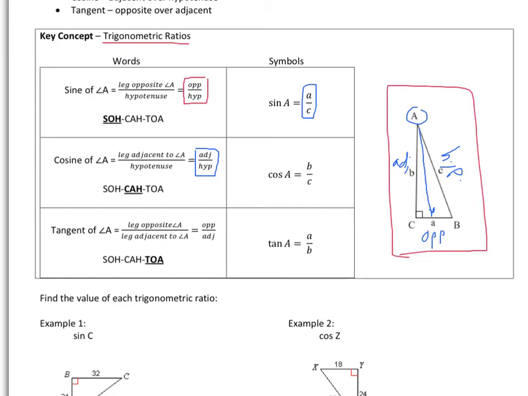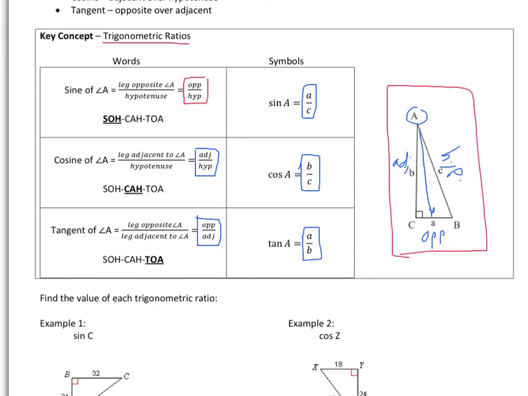So cosine of A is making the fraction of adjacent, which would be B, and hypotenuse, which is C. Tangent is opposite over adjacent. That's the TOA, and that would be A, which is opposite, and adjacent, which is B.